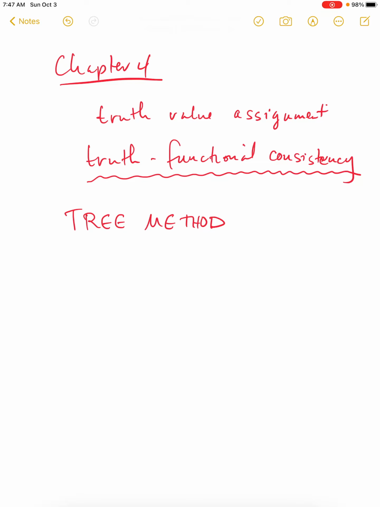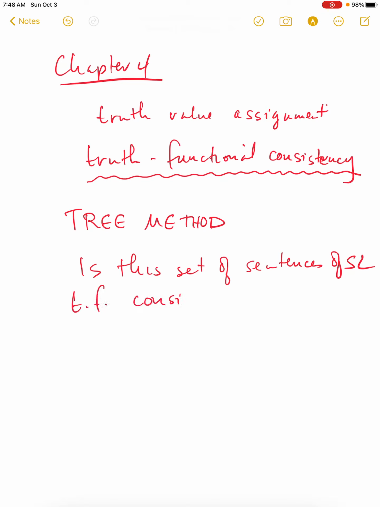These trees that we're going to learn how to construct give us a way of finding particular truth value assignments that make the members of a set of sentences of SL true. So the tree method is going to answer the question, is this set of sentences of SL truth functionally consistent?